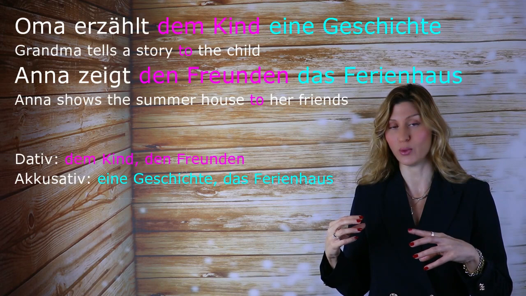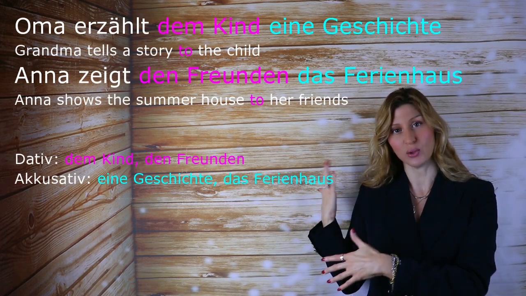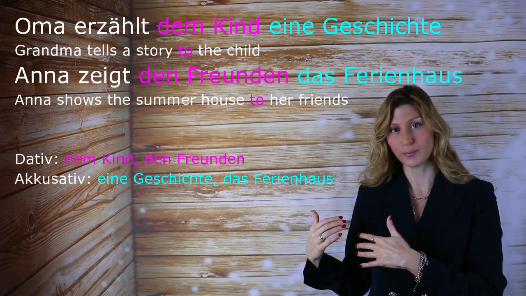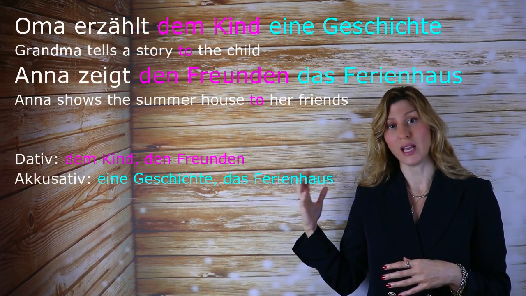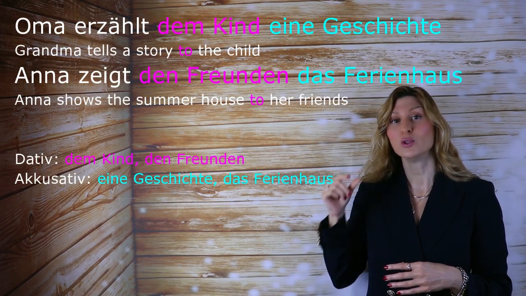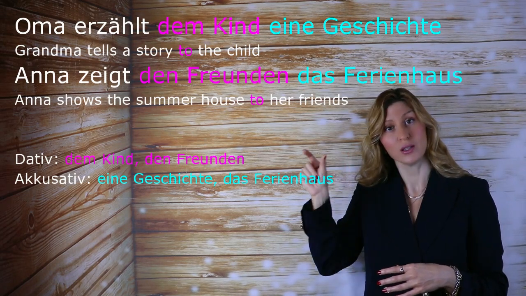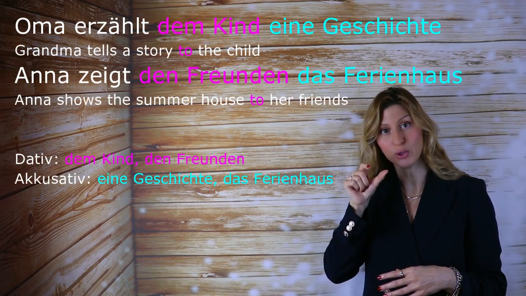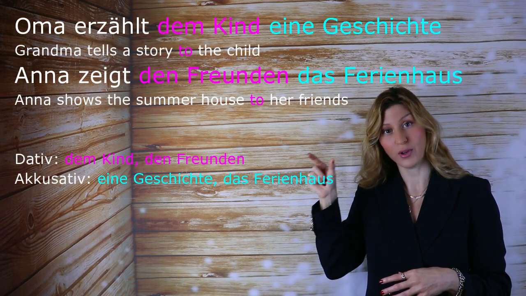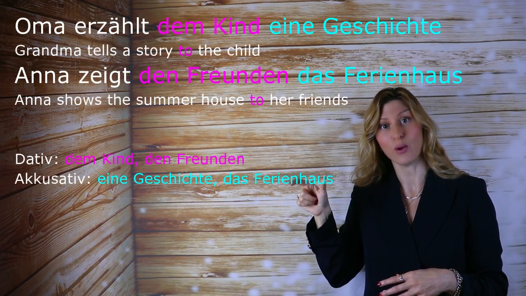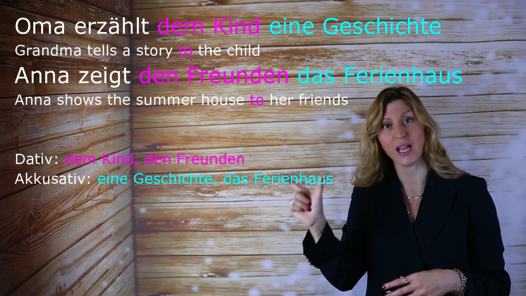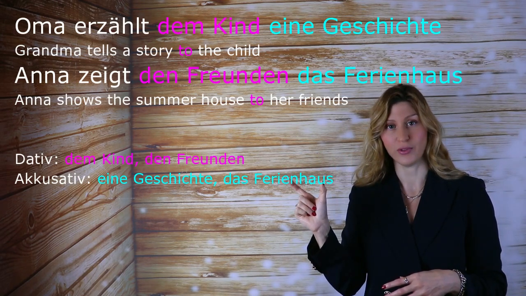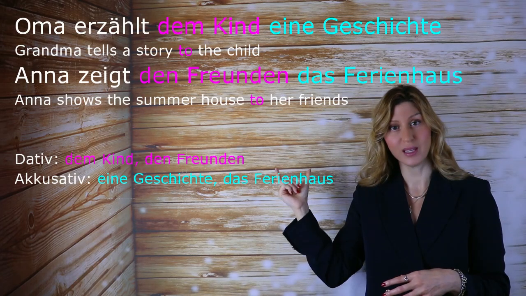I'm going to explain it for you guys. So if we translate this into English, grandma tells a story to the child. I can't put a to before the second noun. So to the child is dative. Dem Kind.